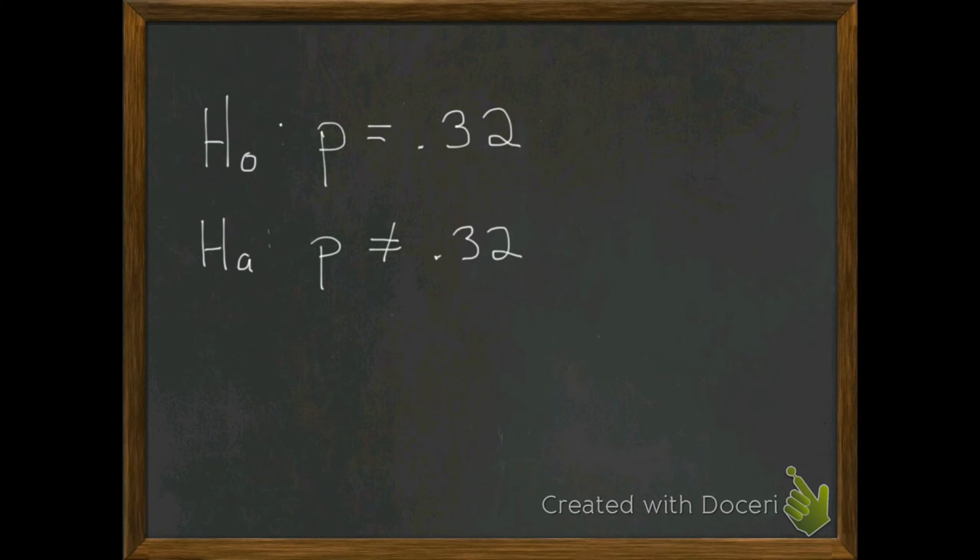They don't necessarily want to know that the motivation for the test is because they think it's higher or lower. They just want to test it. So they're going to do what's called a two-tail test. And this is standard in most tests of hypothesis. We'll test at alpha equal 0.05. All right?